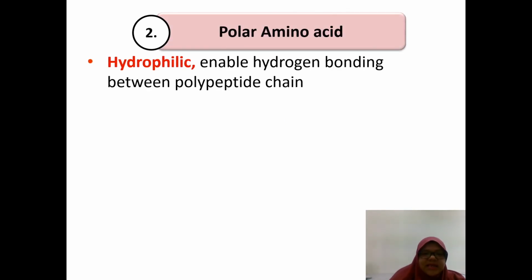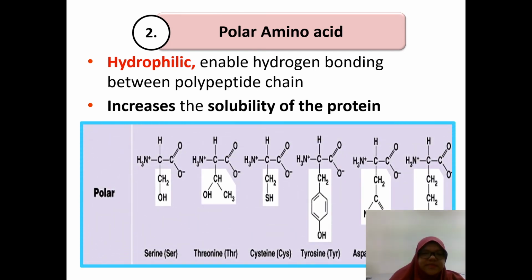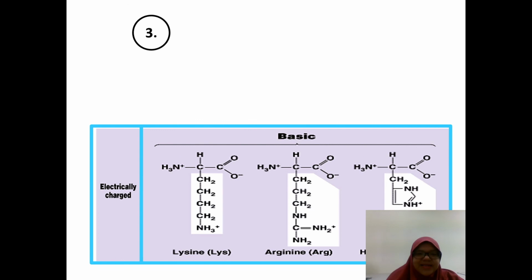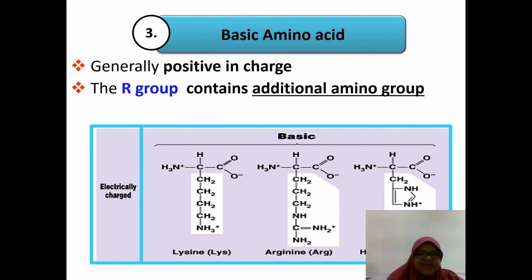The next one is polar amino acid, which is hydrophilic, and it also increases the solubility of the protein. The third one is basic amino acid, which is generally positive in charge, and the R group contains an additional amino group, which is positively charged.